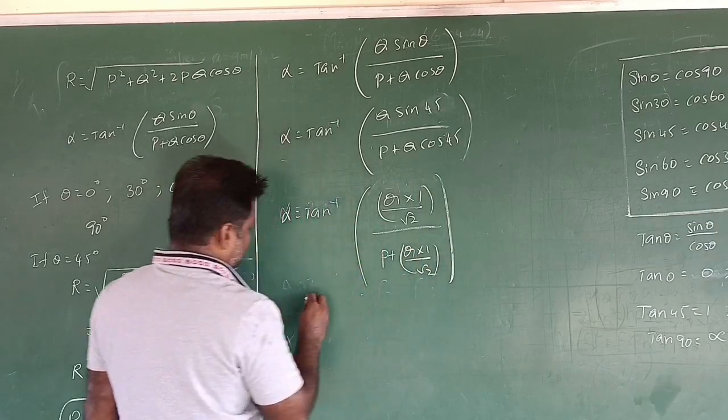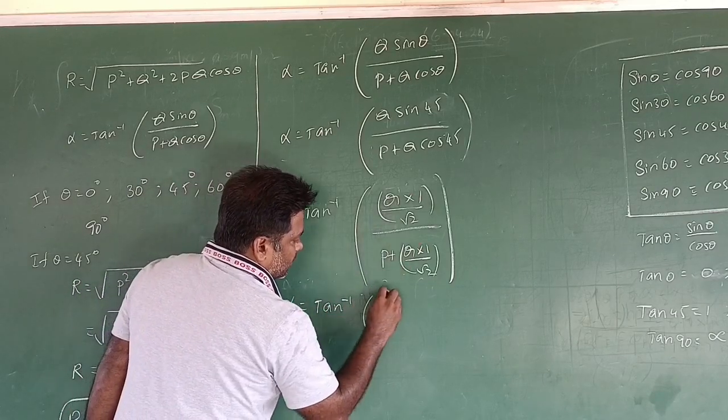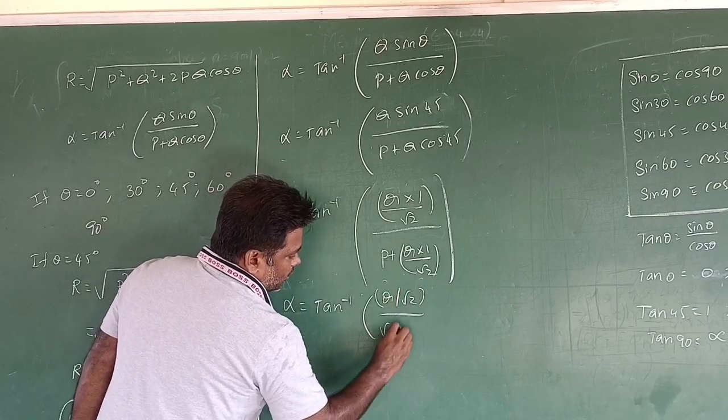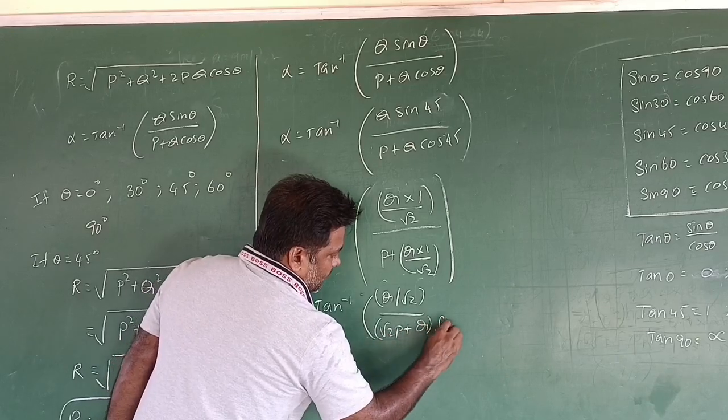So a small multiplication once again in the denominator. Here you will get Q by root 2, and here root 2 into P plus Q, whole divided by root 2.